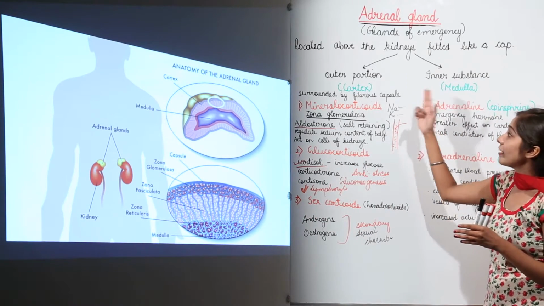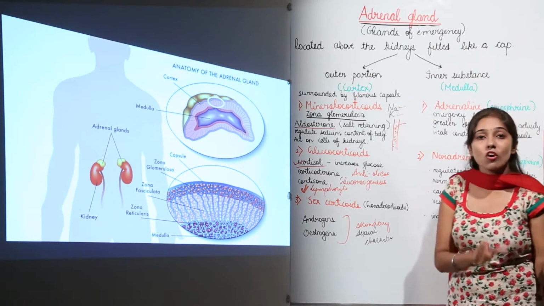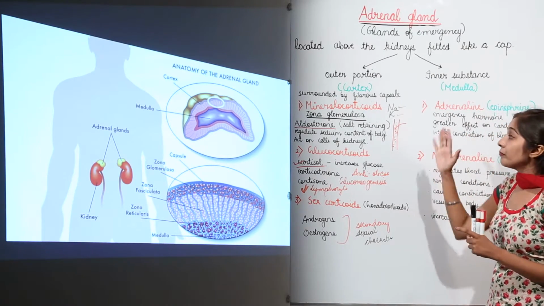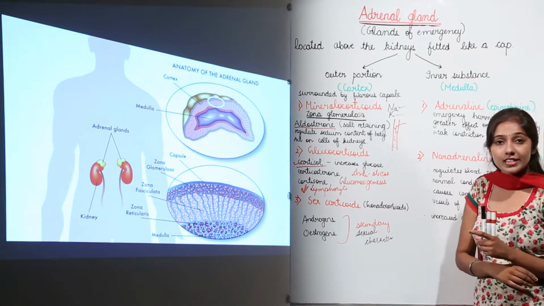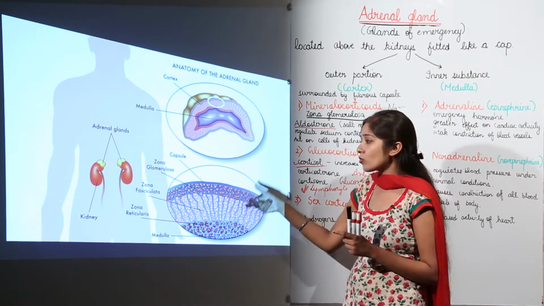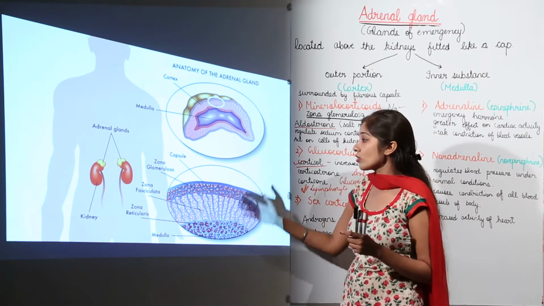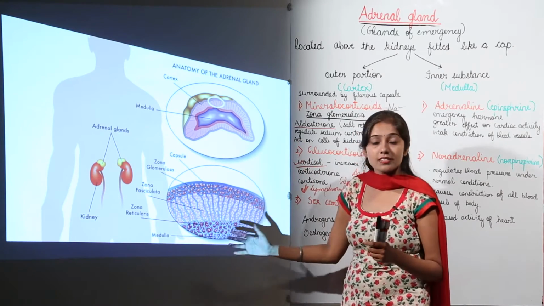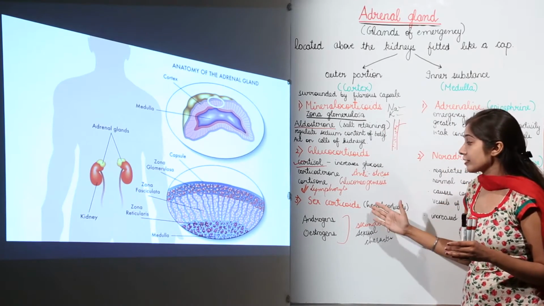And remember that they have two portions. We have an outer cortex and an inner medulla. They secrete different hormones and have different cells. We have discussed briefly the three zones that are there, the zona glomerulosa, the zona fasciculata, the zona reticularis, and the types of hormones they secrete, right.